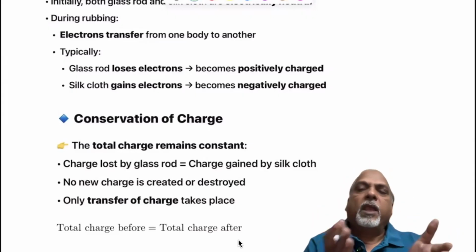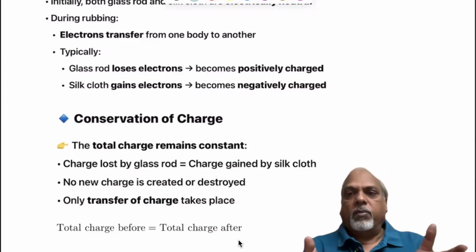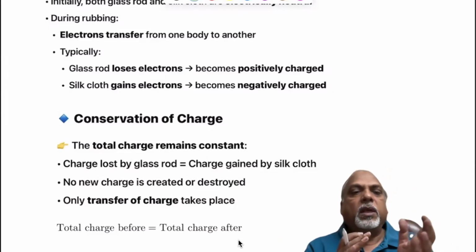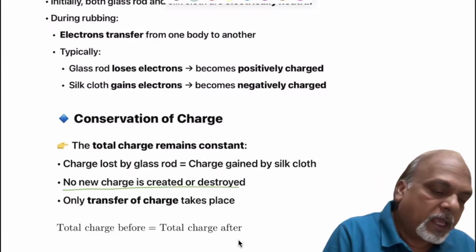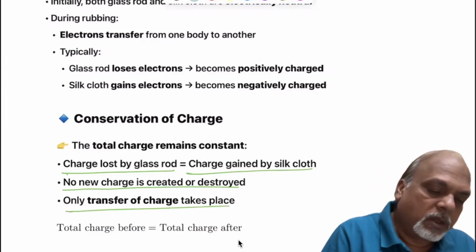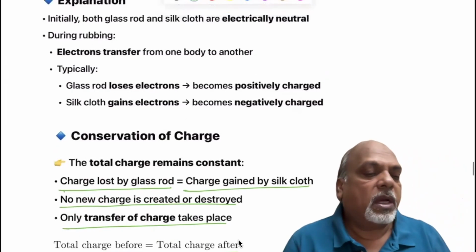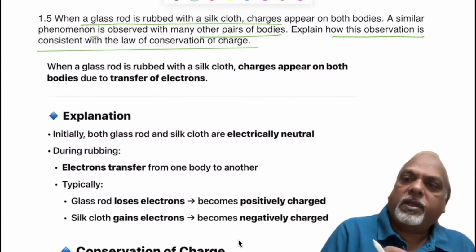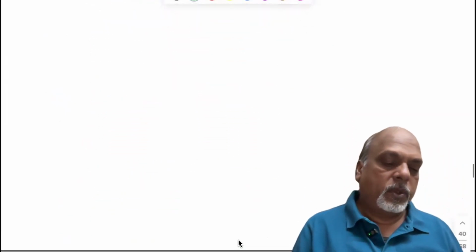There is a transfer of electrons, giving a positive charge and a negative charge. Both will be electrified, but the total charge will be the same. That means no new charge is created or destroyed. Charge lost by the glass rod is gained by the silk. Only transfer. So total charge before equals total charge after. This is how the law of conservation is consistent with this phenomenon. Correct? I hope you understood this.